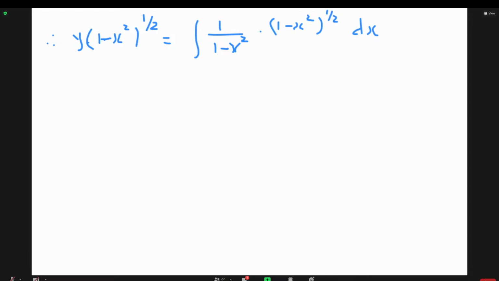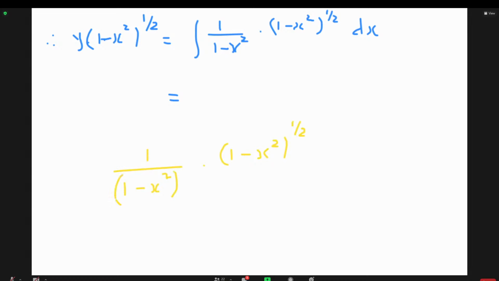Okay. So hopefully you can see this. Let me show you it separately rather. This is 1 over 1 minus x squared multiplied by 1 minus x squared to the half. Okay.